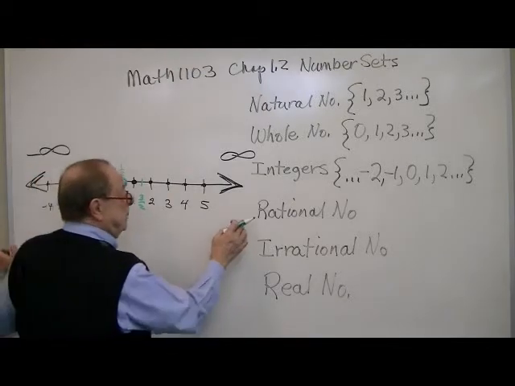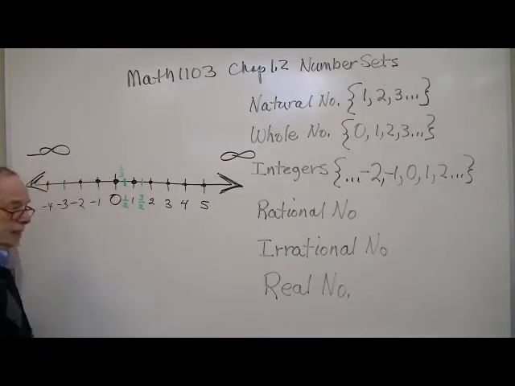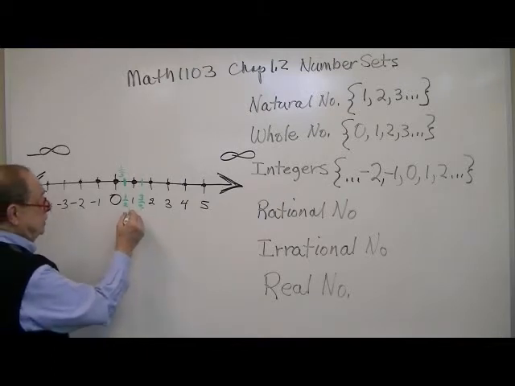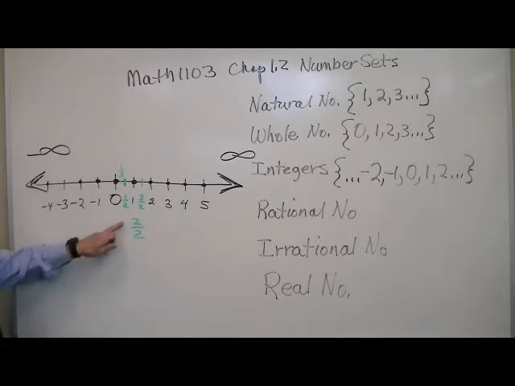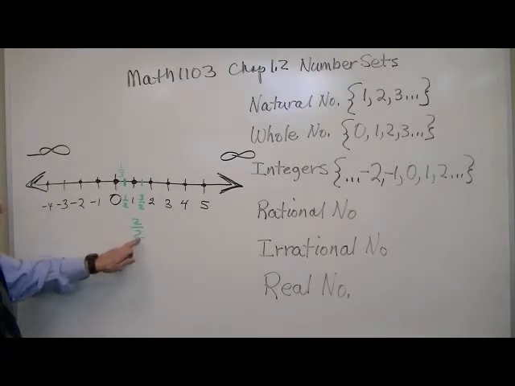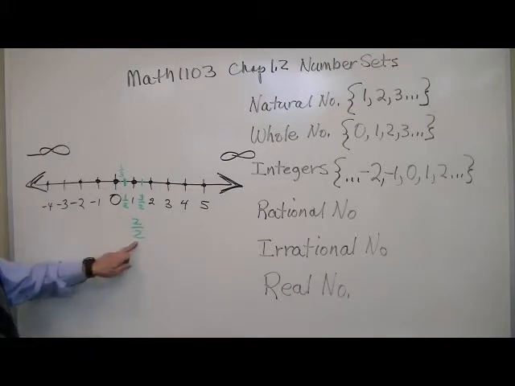But keep in mind that rational numbers also include integers. For instance, we could write 1 as 2/2. It's in a fraction form, but it's 1. So this would be a whole number, as well as an integer, as well as a natural number, and a rational number.